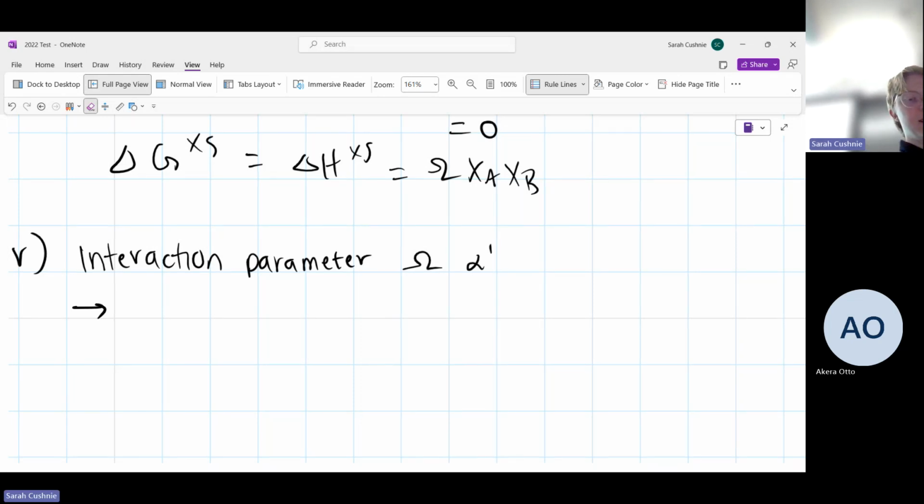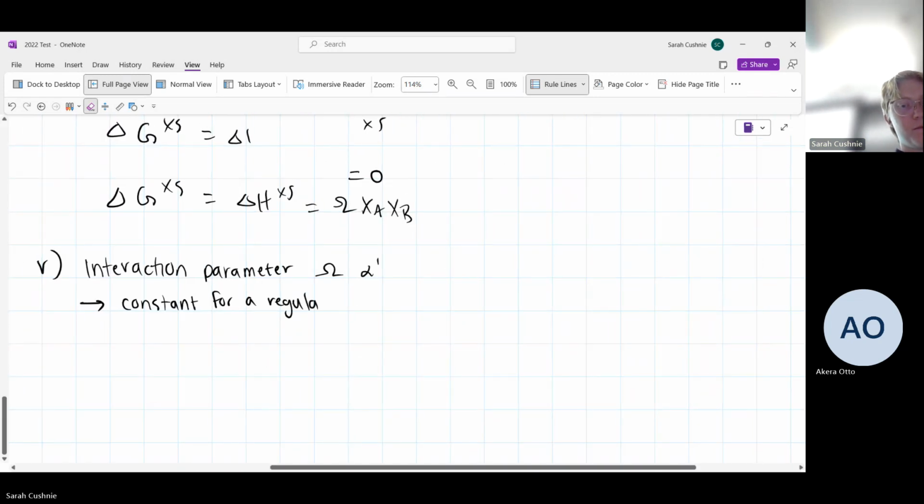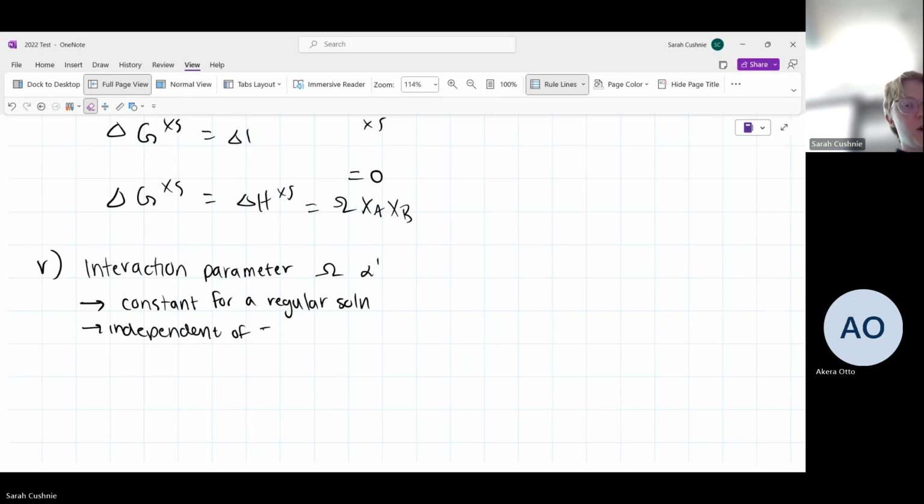This is defined for a given solution, so it's constant for a regular solution, and it is independent of temperature. Because this essentially acts on the enthalpy of the solution. This talks about the bonds present. The bonding that's happening isn't going to depend on the temperature. Those bonds are going to form no matter what. The temperature only really affects the entropy.